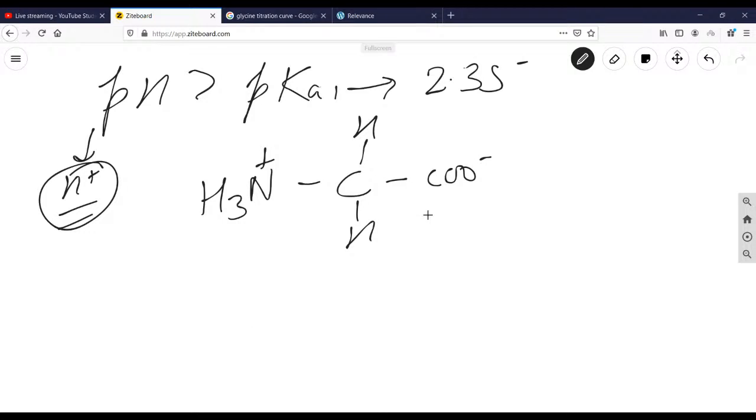You will not have the fully protonated state. This is the deprotonated form, taking away a proton from the COOH group. All the ions will be in this state, which is known as the zwitterion.